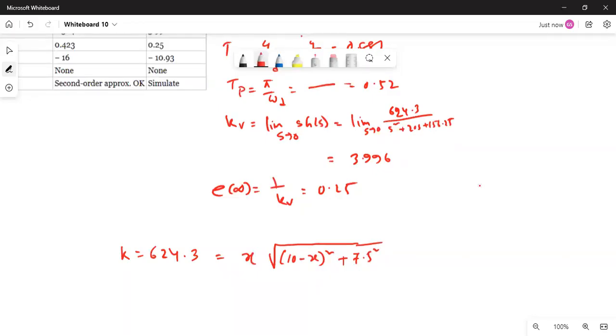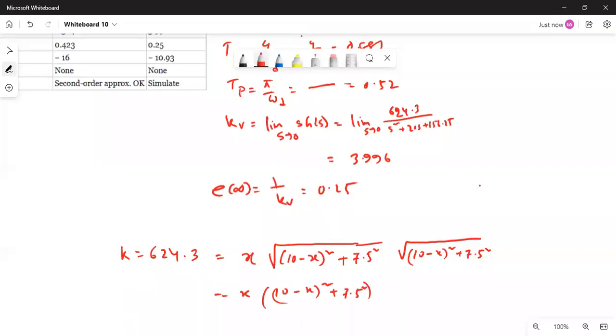Okay, so this should be one length. The other length has to be the same because they are identical. So 10 minus x, and you can write minus 7.5 whole squared, but eventually it is exactly the same. So x times (10 minus x) whole squared plus 7.5 whole squared.